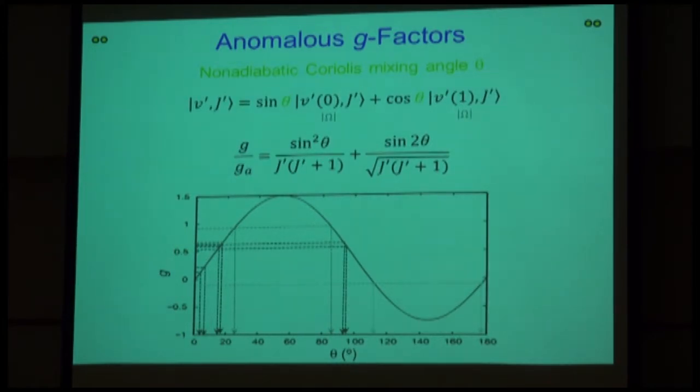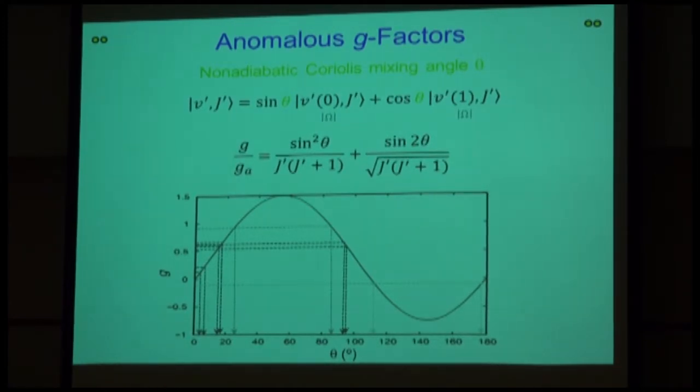You can see this function really covers a huge range of G's. Depending on your mixing, you can measure almost any linear Zeeman shift between -1 and 1.5. Here I marked a few of the levels that we have actually measured. One problem with this is that this function is double valued. So let's say you measure a G factor, it could still correspond to 2 possibilities. That's something that is experimentally difficult to resolve, but we do have access to a very good ab initio model.